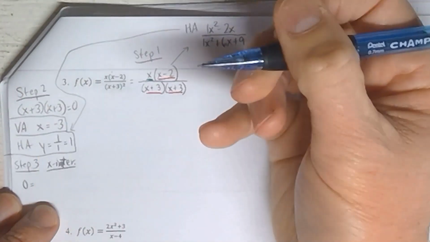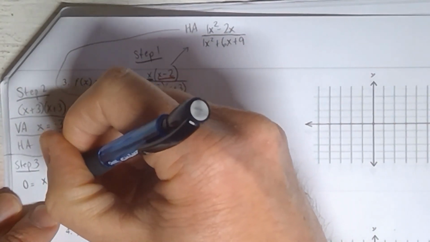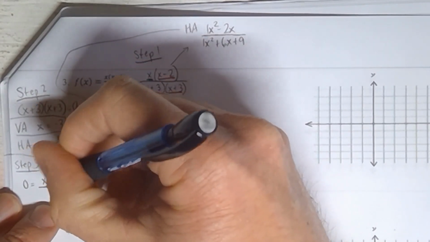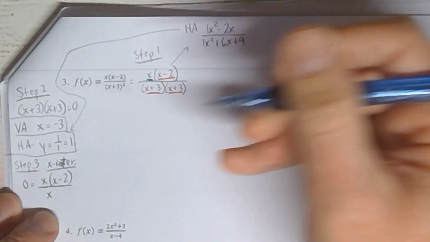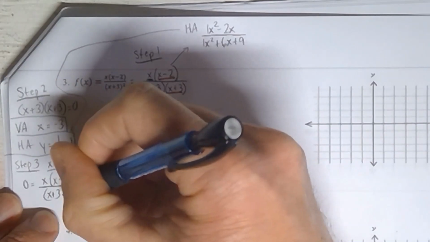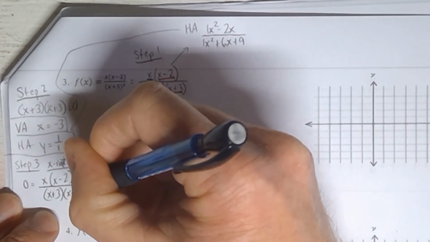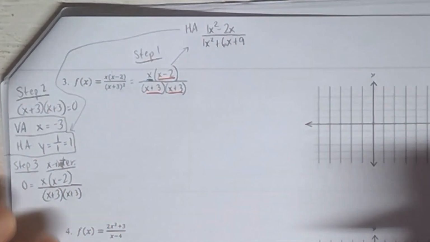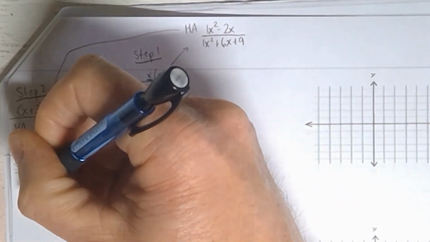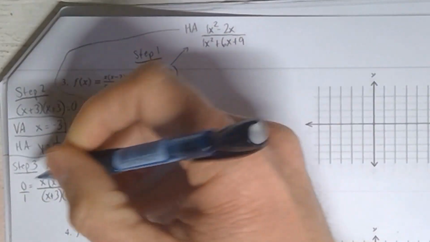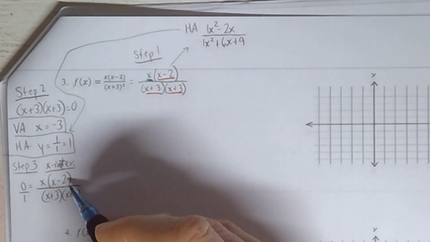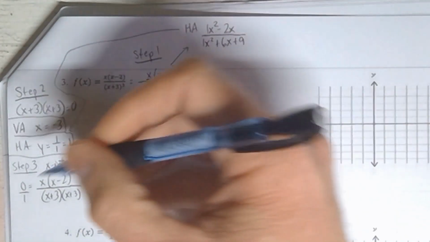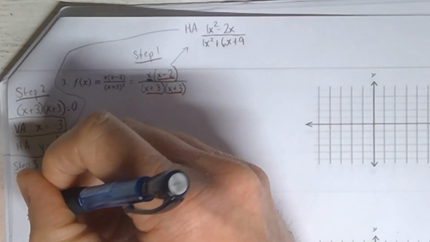When you set a fraction equal to 0, that means that the numerator, and when we do this cross-multiplying thing that we did in the previous 2 problems, you probably noticed that that's eventually what happens. When a fraction is equal to 0, ultimately the numerator is going to end up being equal to 0. And that's exactly what happens when we cross-multiply. We get this right here.